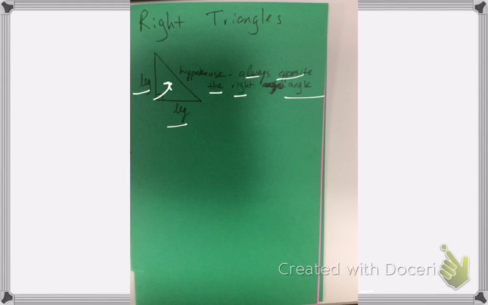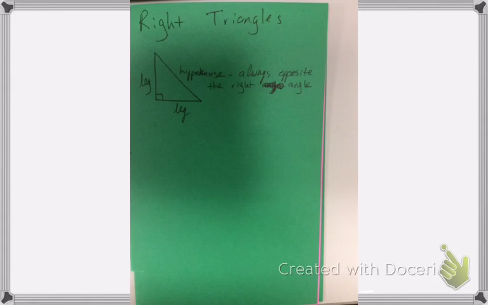Always, always, always. And one thing that you're going to want to make sure you can do by the end of this unit is, when you see a right triangle, the first thing you're going to want to do is go find the hypotenuse. So much depends on the length of that hypotenuse, okay? Or recognizing that this side is the hypotenuse and then the other two sides are legs. Okay, so you got to know those first.